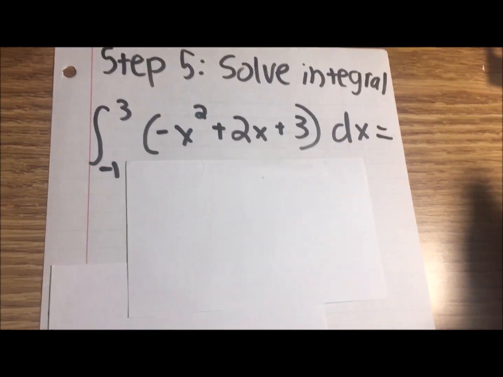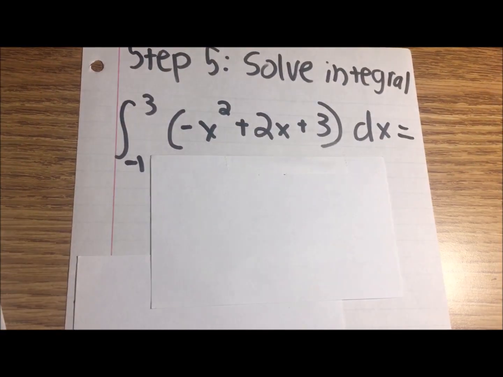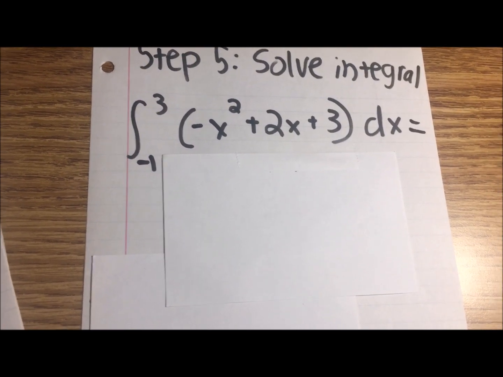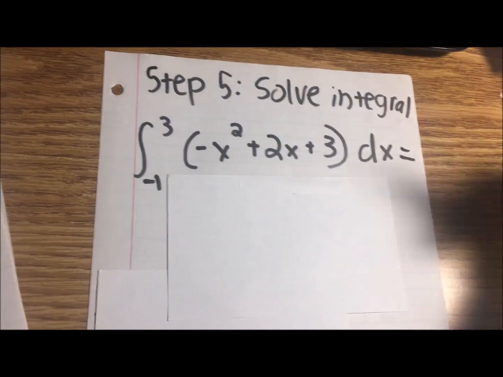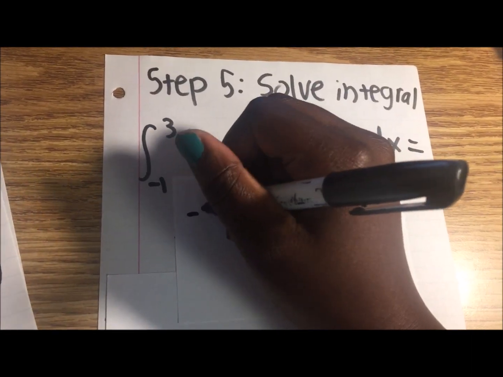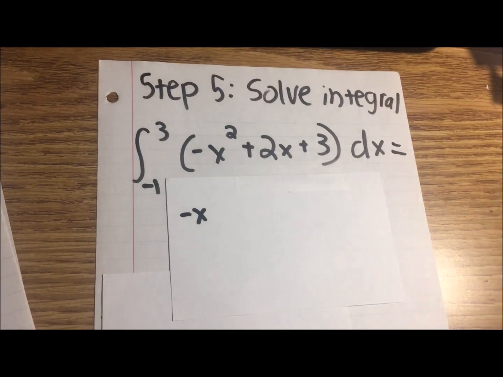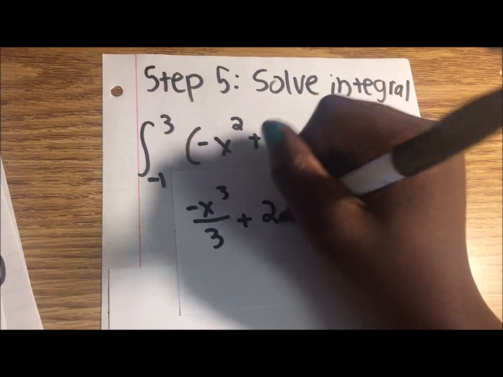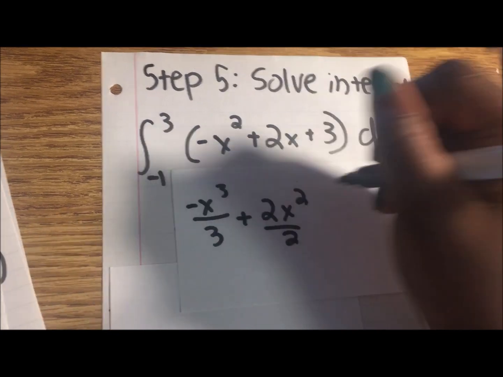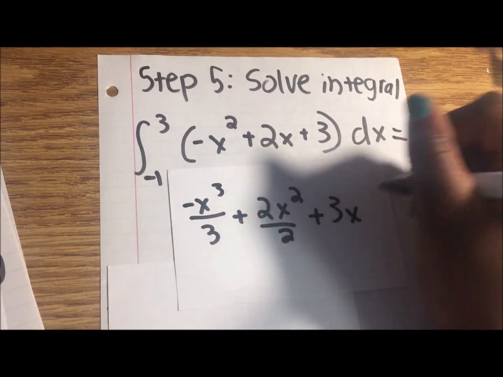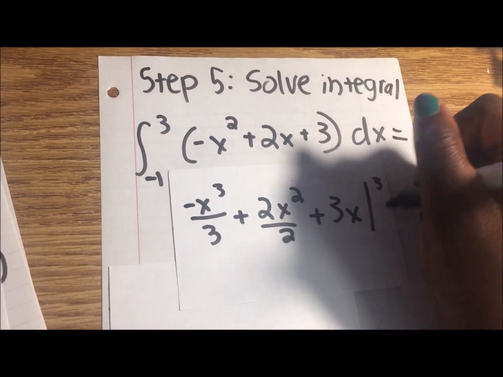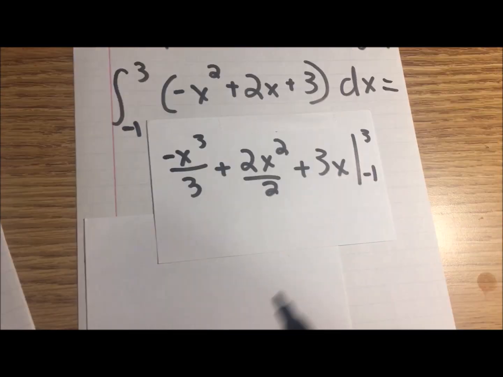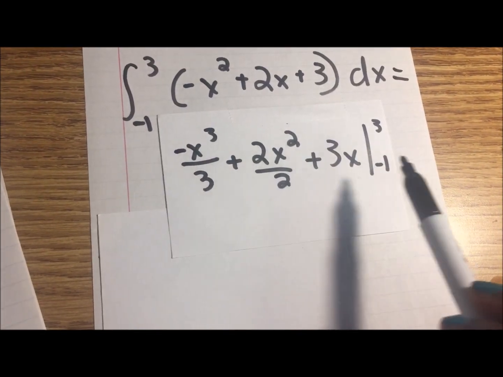Alright, step 5, now we can solve the integral. Basically this is easy. This is just Calc 1 stuff. This integral would equal negative x cubed over 3 plus 2x squared over 2 plus 3x, evaluated at 3 and negative 1.